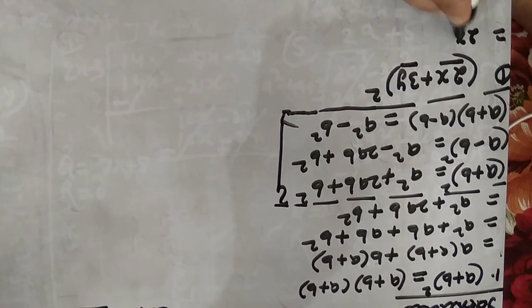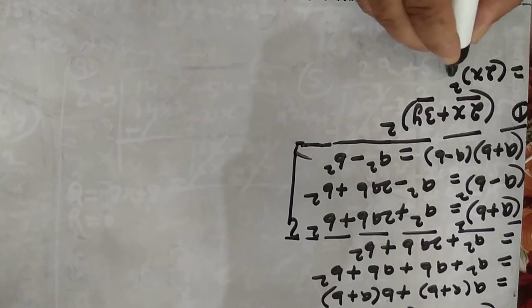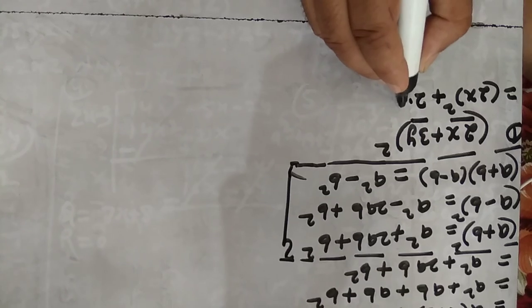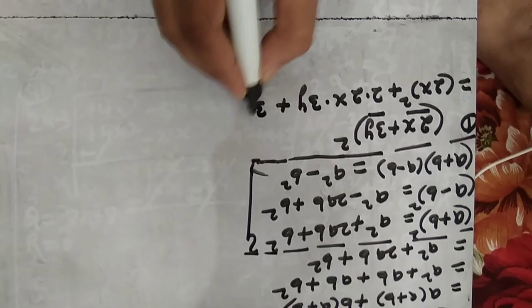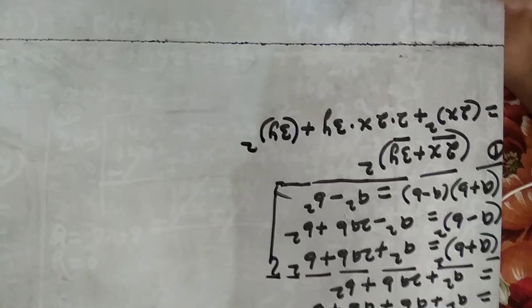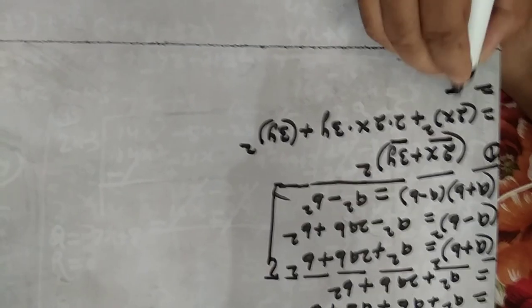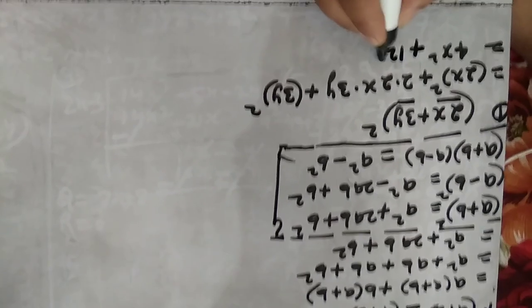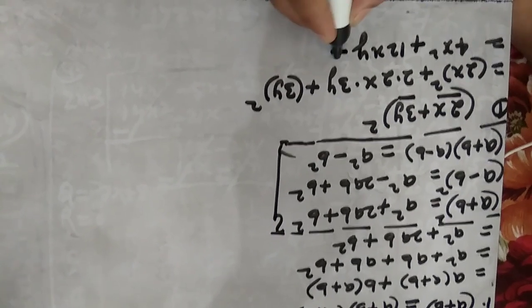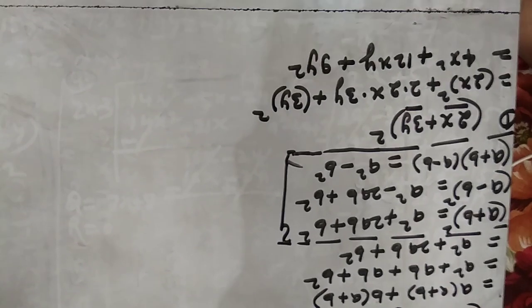You can write a square, that is (2x) square, 2 into ab, a means 2x, b means 3y, and in last b square, that is (3y) square. So students, you will have 4x square, 2 into 2 is 4, 4 into 3 is 12xy, plus 9y square.